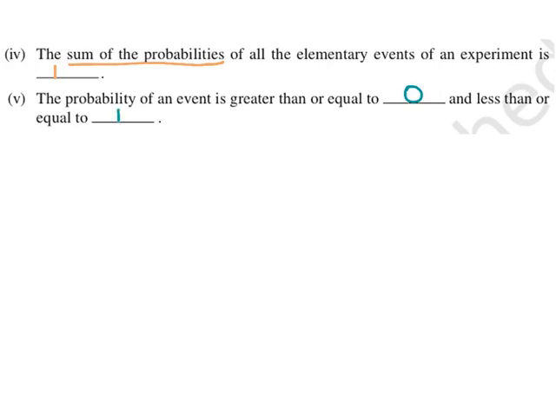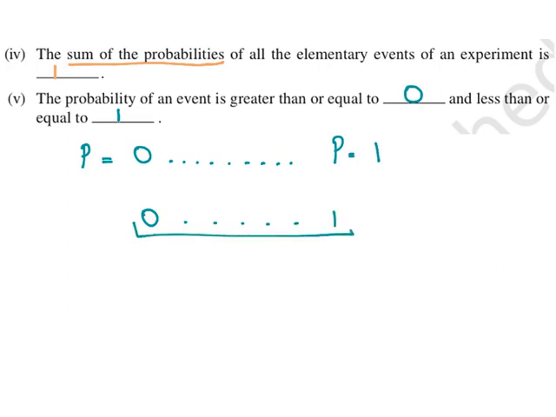So the probability could be 0 or any number between 0 and 1, and the maximum number for the probability is 1. So the probability always lies between 0 and 1, both included. They will never be less than 0, never negative, nor more than 1.